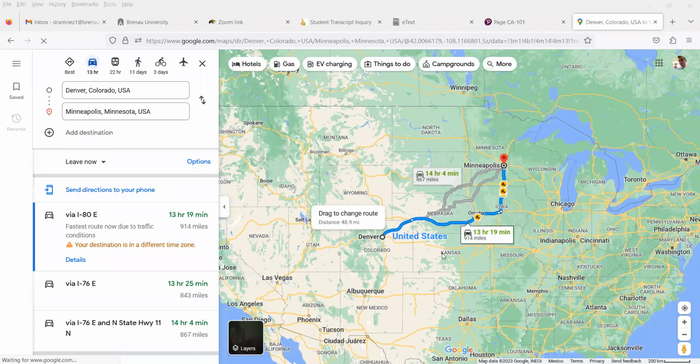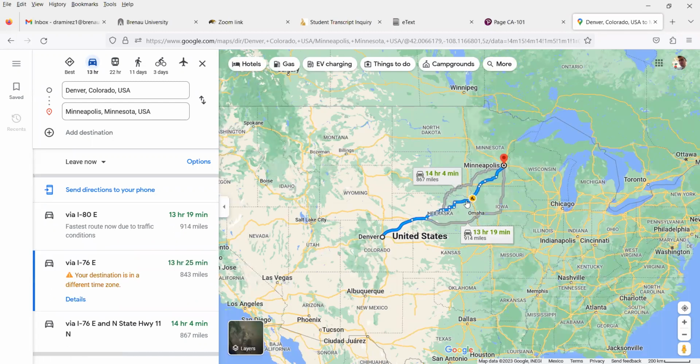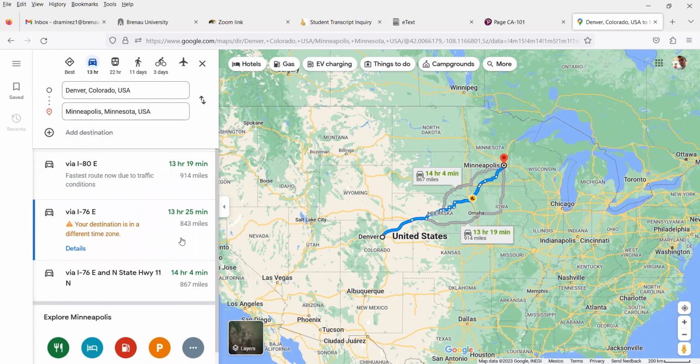According to Google Maps, the fastest route takes 940 miles, but there are some other options. According to this route, we can see it is 843 miles. So yes, this problem is realistic.